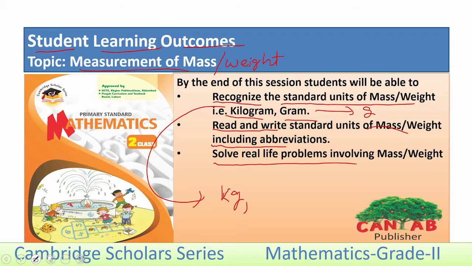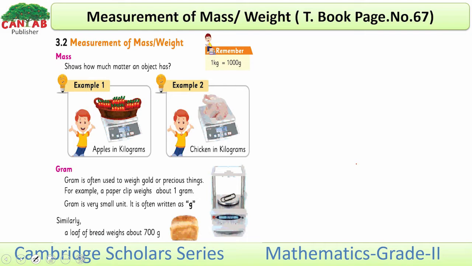Students, now open the textbook page number 67. What is mass? Look at the following examples. We measure apples in kilograms, chickens in kilograms. Mass shows how much matter an object has. Look here, read this and this.